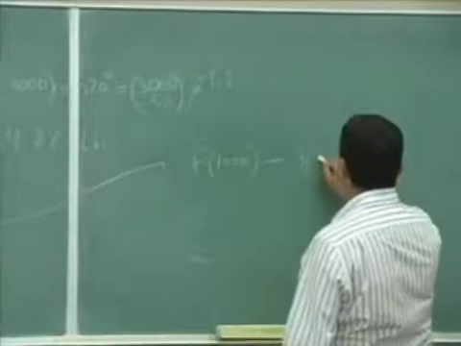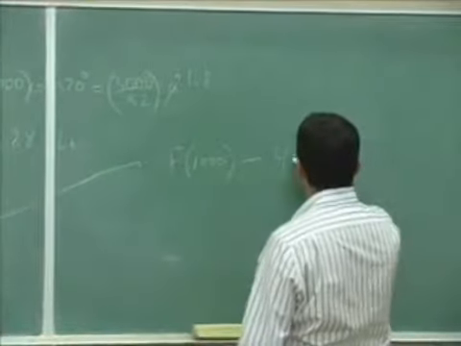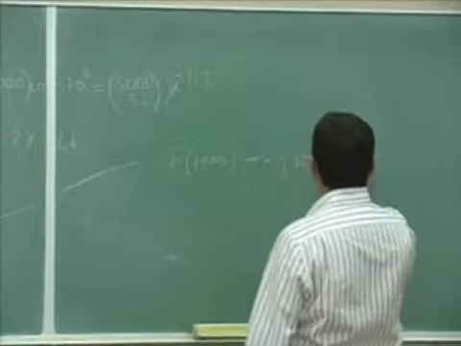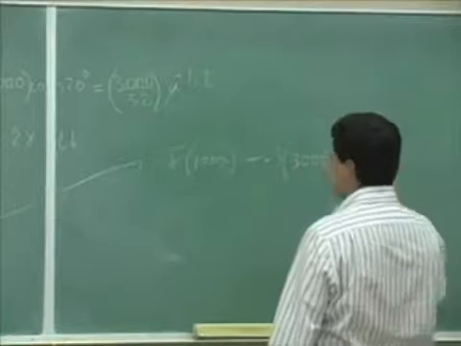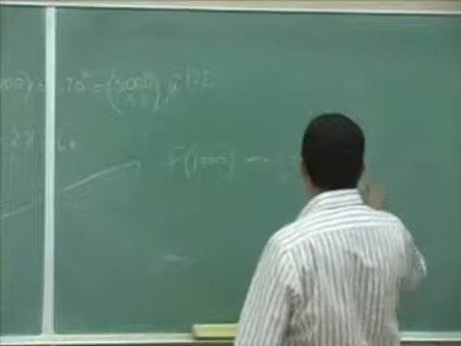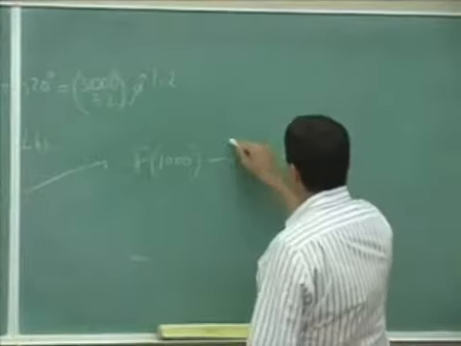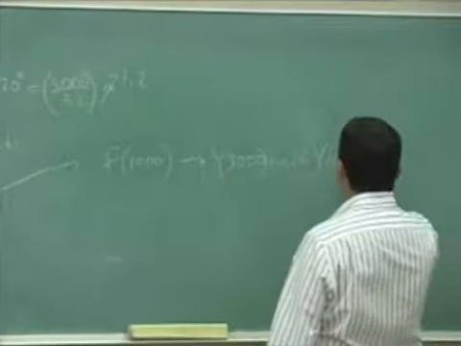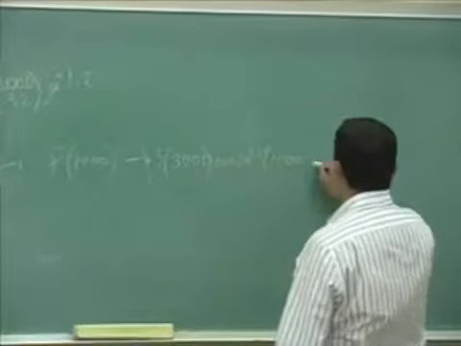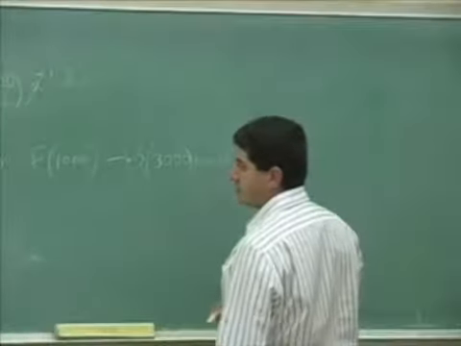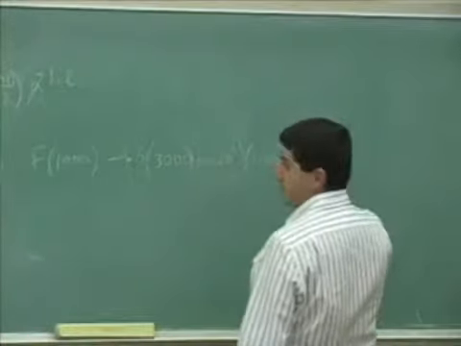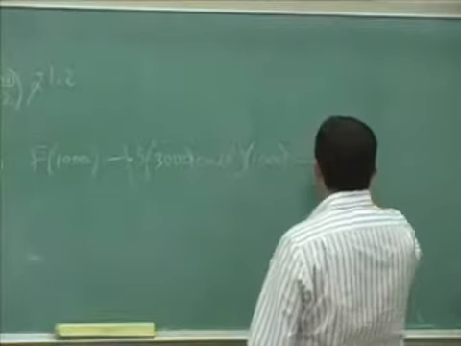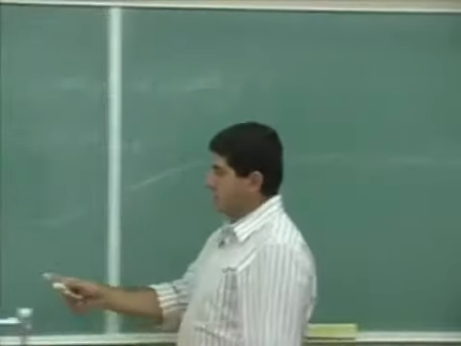So it's 3,000 times cosine of 20 times the displacement d, which is 1,000, minus mgh, which is again a 3,000. 3,000 is the mg.